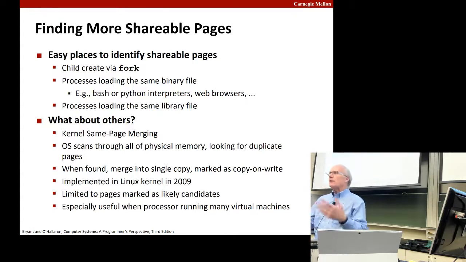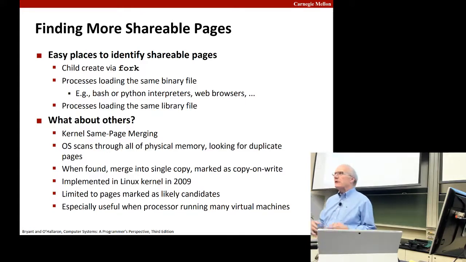When I've loaded the same binary file, say if you have 10 different people running a Python interpreter, or a Bash interpreter, or a web browser, any sort of executable file that's pretty big and commonly used, well, the OS only needs to maintain one copy of that across the whole system.